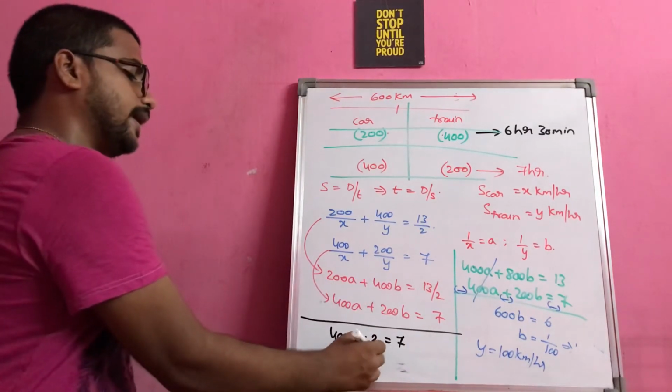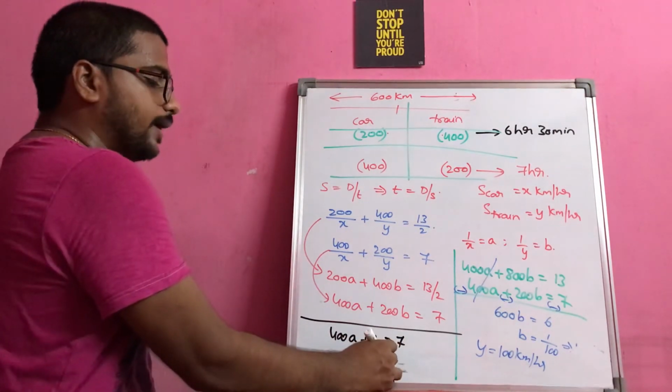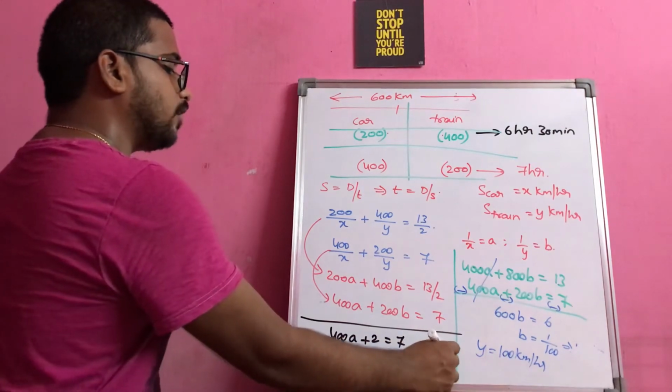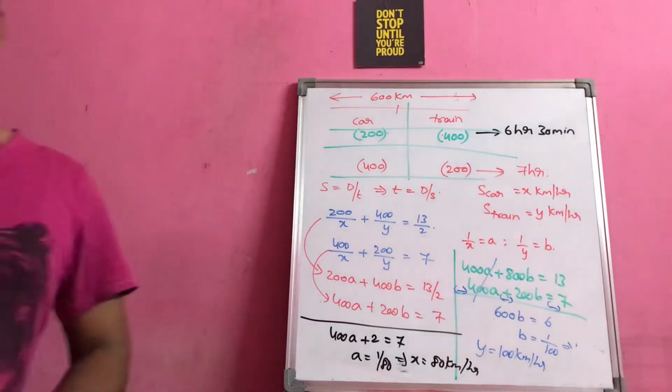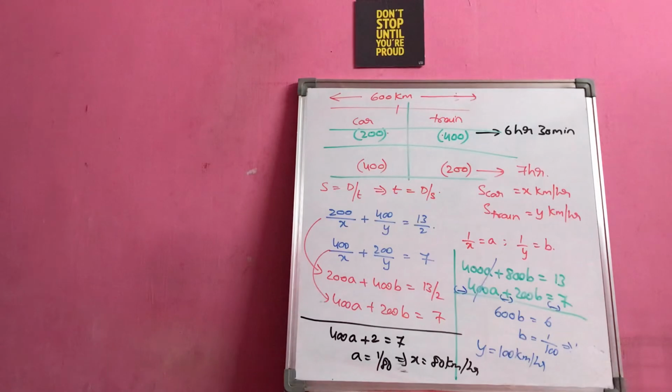So I will be getting a is equal to 5 by 400, that means 1 by 80. So my value of x is 80 kilometer per hour. You can cross check your answer by just checking. x is nothing but the speed of the car and y is nothing but the speed of the train. So obviously the speed of the car is less compared to the speed of the train, right?